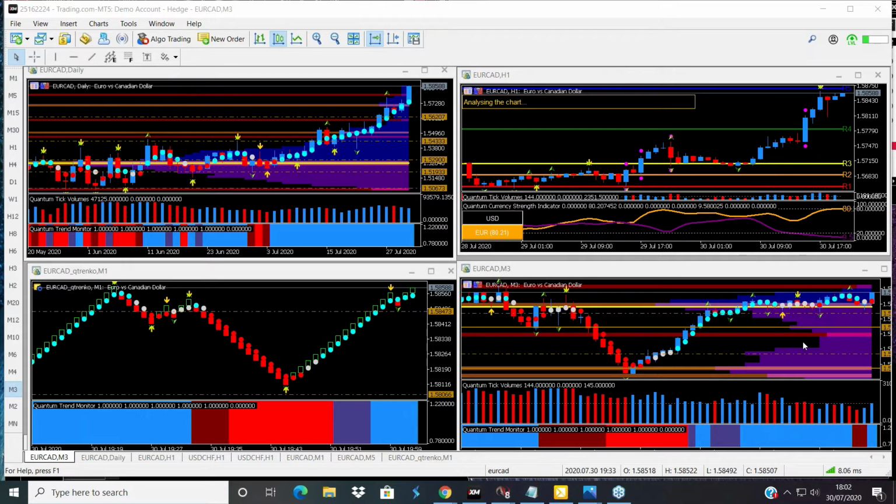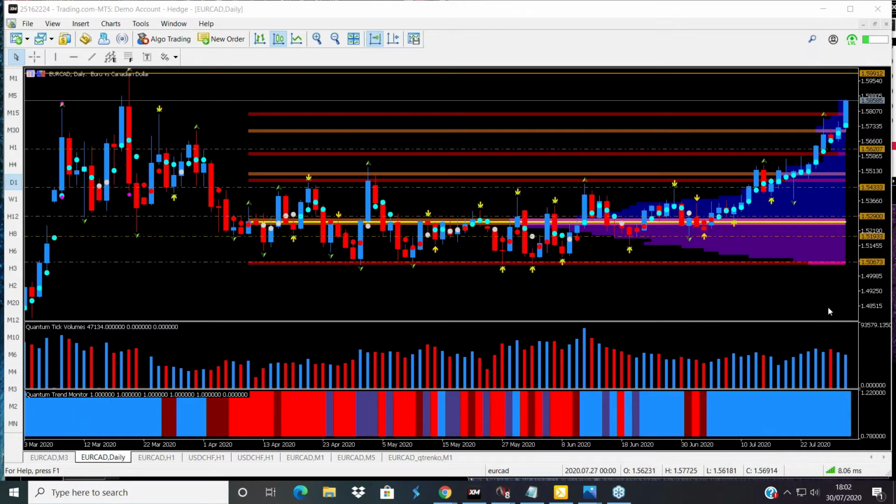Actually, you often find some fantastic trades in the cross pairs, in particular the pound Canadian and the euro CAD. The euro CAD is one of these pairs that can deliver really nice trades. This is the daily chart of the euro CAD, and you think, my goodness, what about all this congestion it's been in since April of this year?